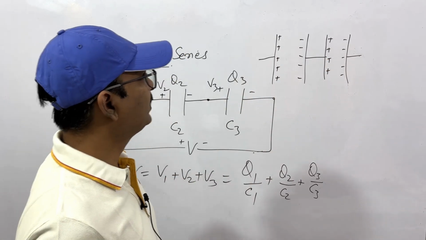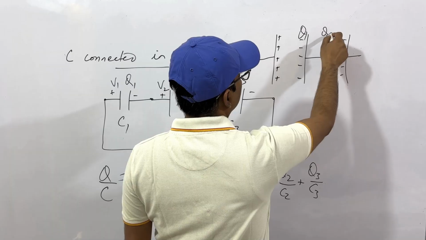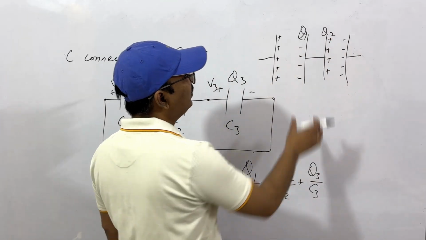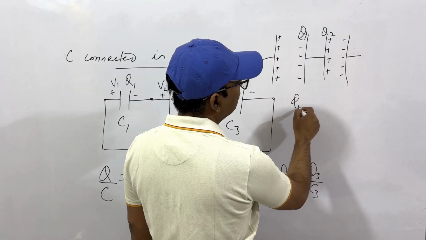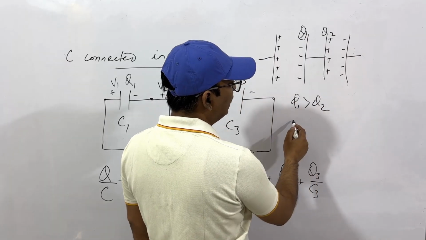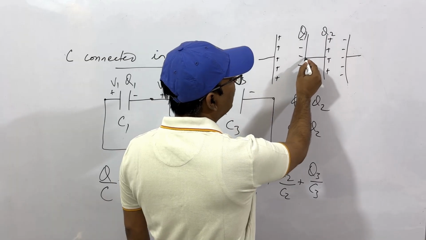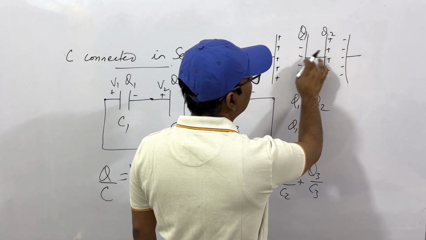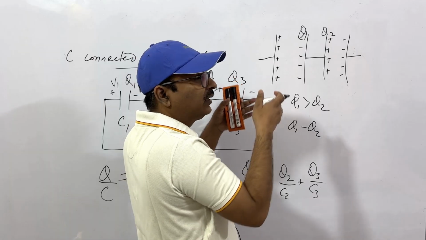Here we have used 3 capacitors. If the charge accumulated on this be Q1 and on this be Q2, if there will be a difference of charge, then let's say Q1 is greater than Q2, what we'll get? We'll get from Q1 to Q2, this will be the difference of charge. This will start conducting. It will go to this point because it will stop only when there is an equilibrium.